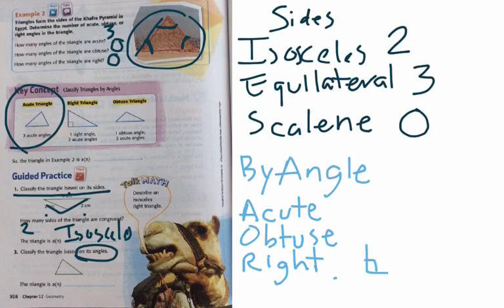To be labeled as an obtuse triangle, it needs to have 1 obtuse angle right there. And to be labeled as an acute, that means that all 3 of their measurements are acute. So this would be more like an obtuse, and there would be a right angle. And if we look at this, all 3 of these little angles right here appear to be less than 90 degrees. So this is going to be an acute triangle.